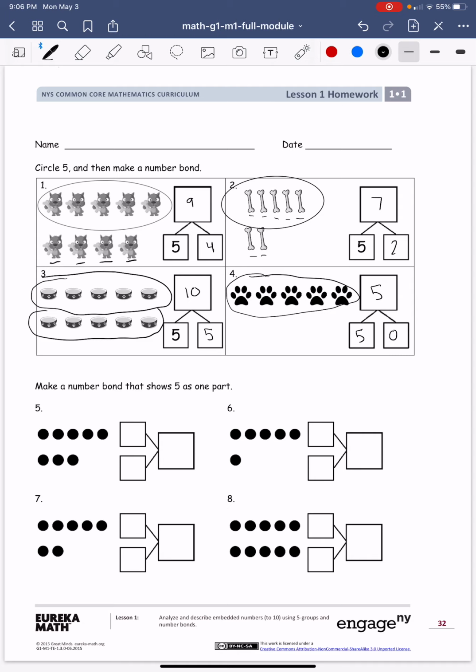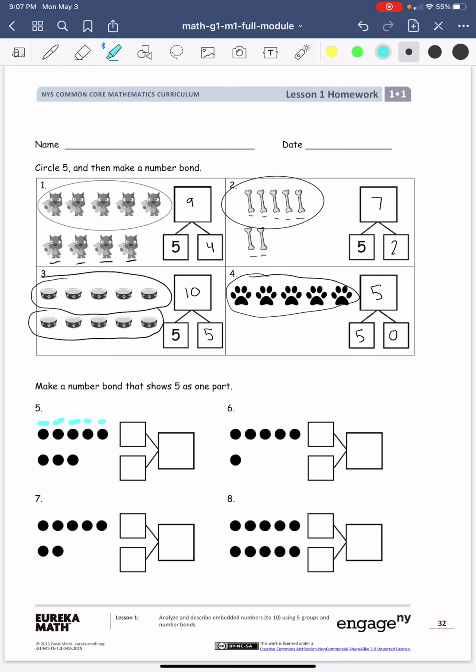The next part says, make a number bond that shows 5 as one part. So we're going to do the same exact thing, except there's going to be dots instead of little photos. Let's start. 1, 2, I'm going to actually change the color so that way you guys can see it better. 1, 2, 3, 4, 5.